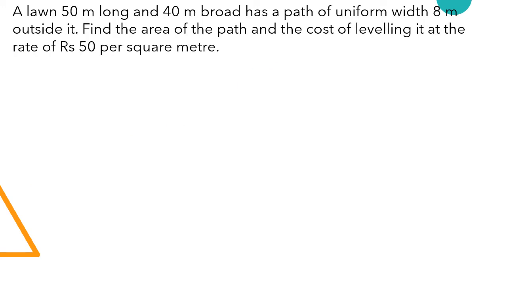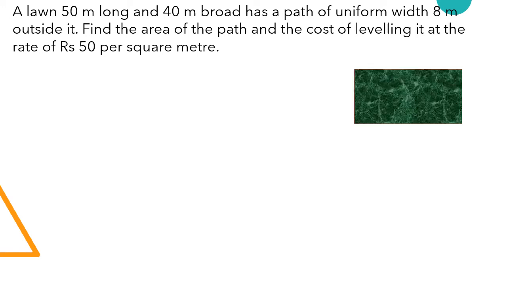Next question is, a lawn 50 meter long and 40 meter broad has a path of uniform width 8 meter outside it. So it is given in the question that there is a lawn. The length of this lawn is 50 meter and the breadth of this lawn is 40 meter.